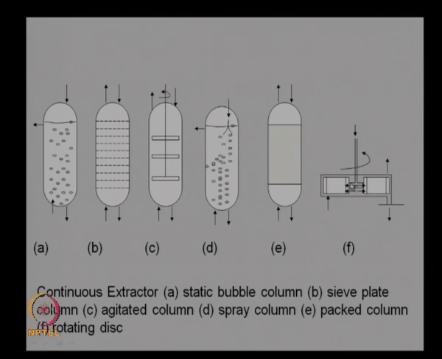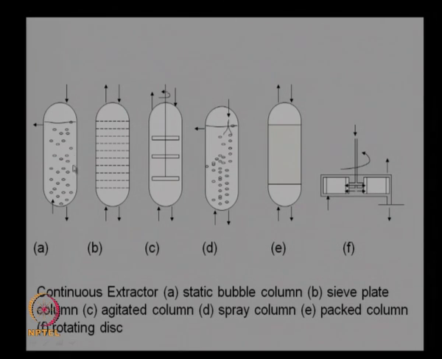So there is mixing taking place and the mass transfer of the solute takes place. The force with which the liquid introduced here hits the other liquid creates a large turbulence and creates the necessary mass transfer for the transfer of the solute from the heavies to the light.